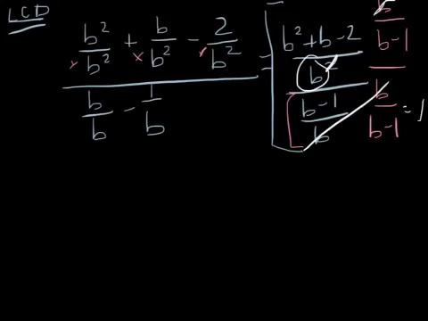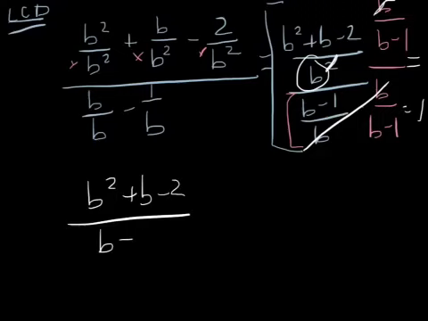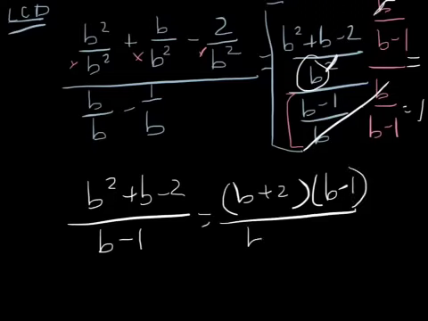So now what I'm left with is b squared plus b minus 2 over b minus 1. But I can factor that numerator into b plus 2 times b minus 1 over b minus 1. So therefore I can reduce by b minus 1 over b minus 1, because that's 1. And I am left with b plus 2.